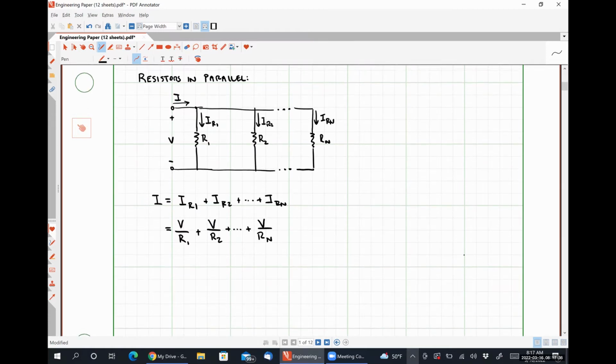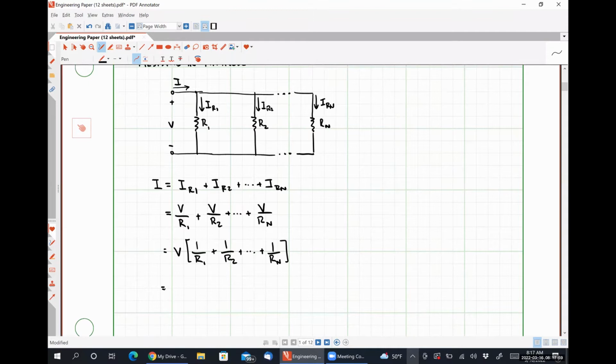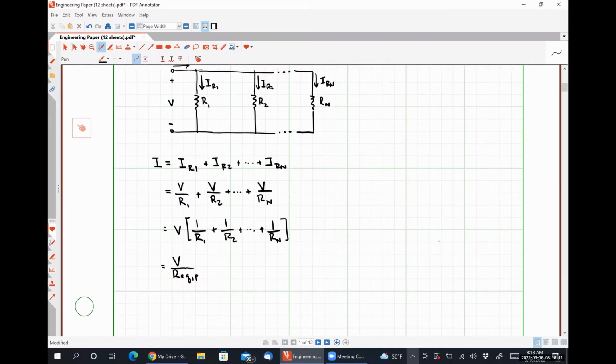If we factor out the common term V, we are left with 1 over R1 plus 1 over R2 plus 1 over R sub n, or V divided by REQ, comma P, so an equivalent resistance of all of our resistors in parallel.